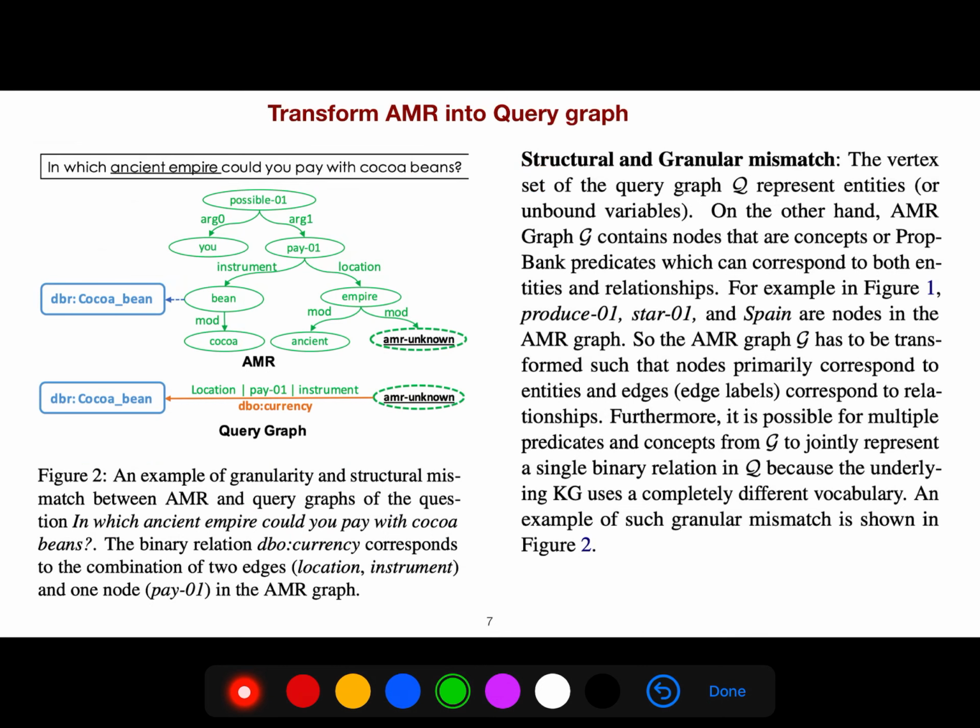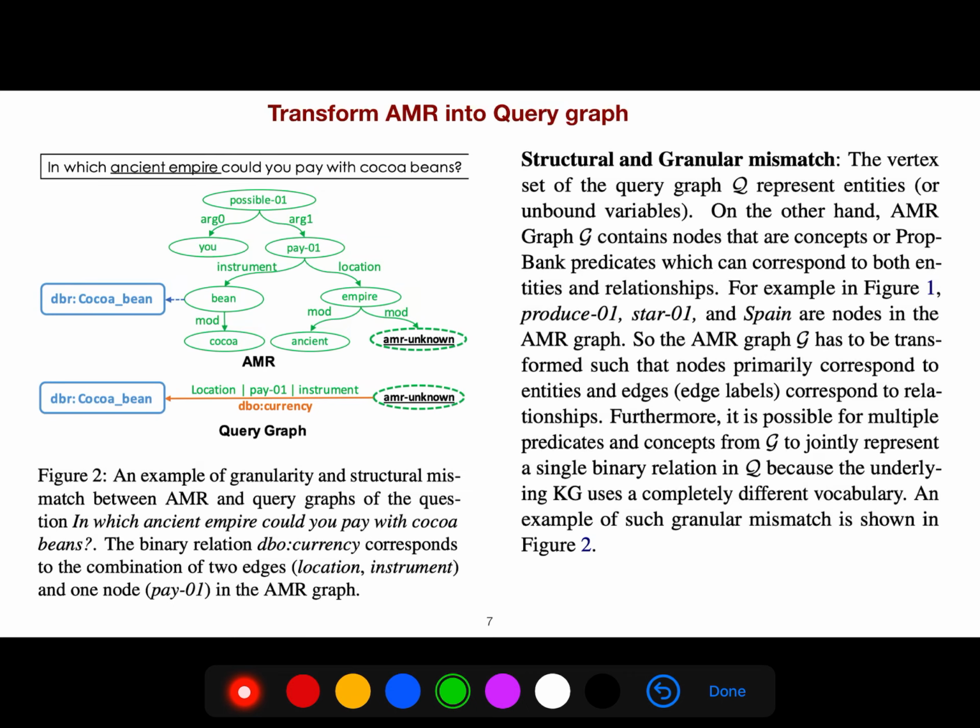So we transform the AMR into a query graph. The vertex set of the query graph represents entities. On the other hand, the AMR graph contains nodes that are concepts or PropBank predicates, which can correspond to both entities and relationships.